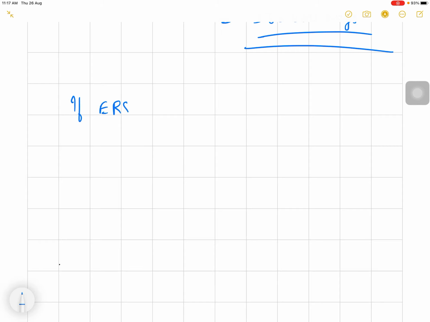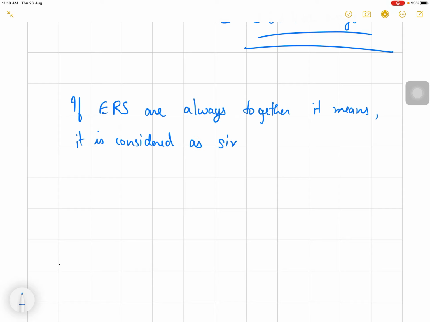If ERS are always together, it means it is considered as a single letter.